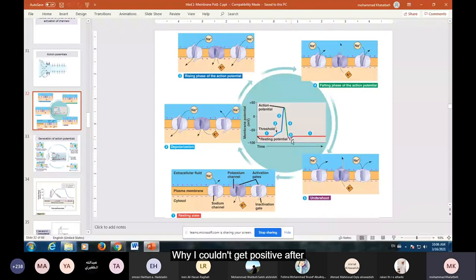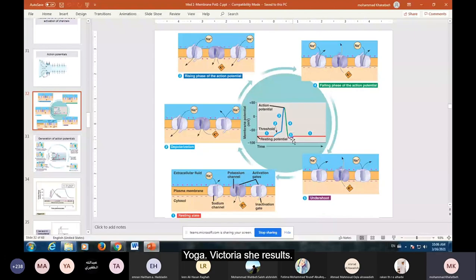Why do we call it the positive after potential, when that wave is more negative than the resting potential? Why do we call it after hyperpolarization phase, even though we have no hyperpolarization before? Can anybody have an idea why we are calling it in that way?